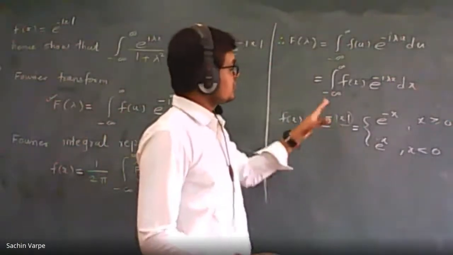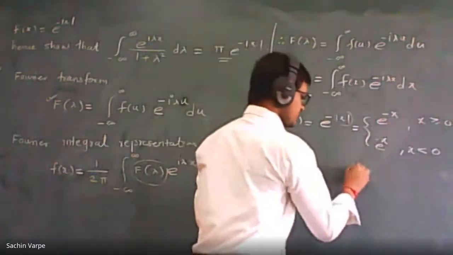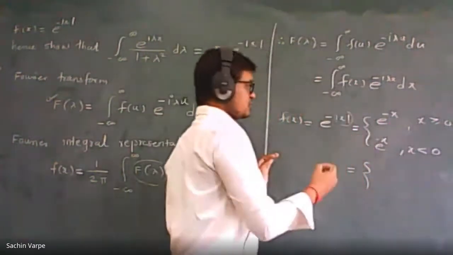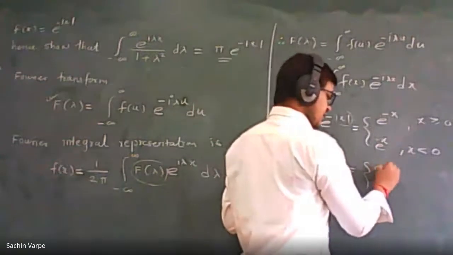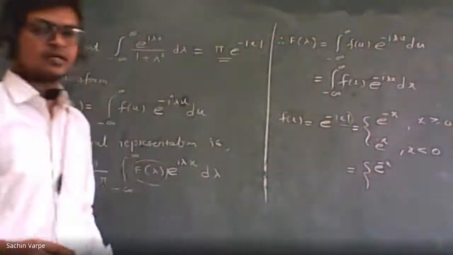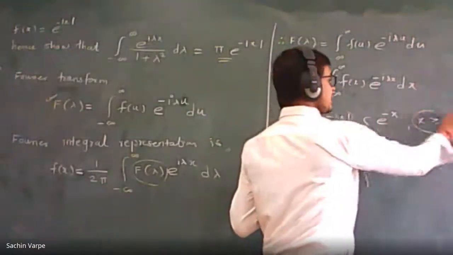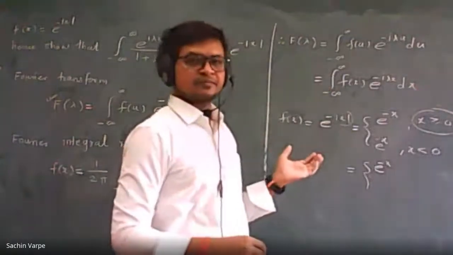So first of all, let us write this function in terms of intervals, because then only we'll be able to substitute the function. So e raised to minus x, is it visible? E raised to minus x when x is greater than 0 means what? What is the interval there? Positive.